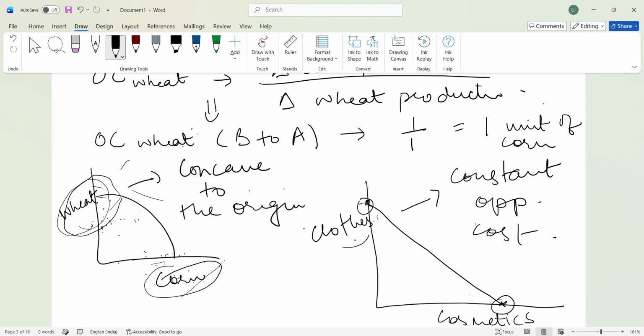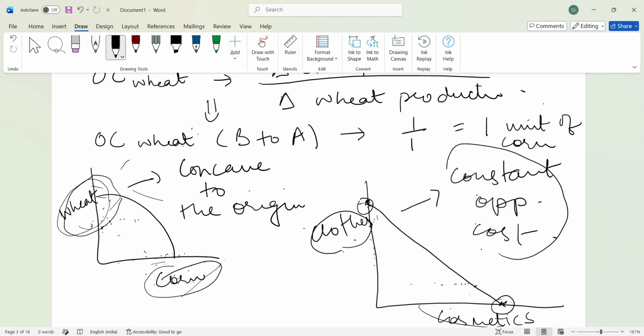And the resources that are being used in the production of cloth are equally efficient in the production of cosmetics also. So in this case, every time I am sacrificing my cloth production in order to produce one more unit of cosmetics, my slope remains constant. I'm sacrificing the same units of clothes every time. So I'll get a constant opportunity cost that will give me a straight line.